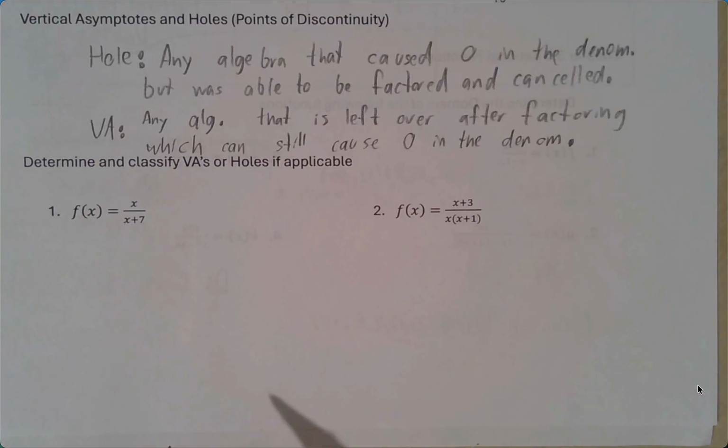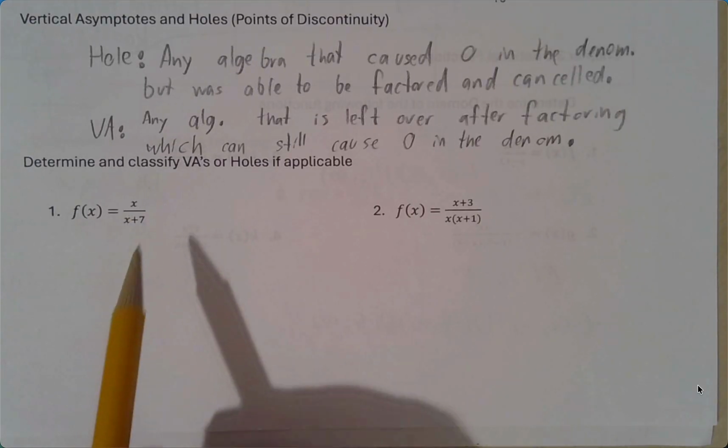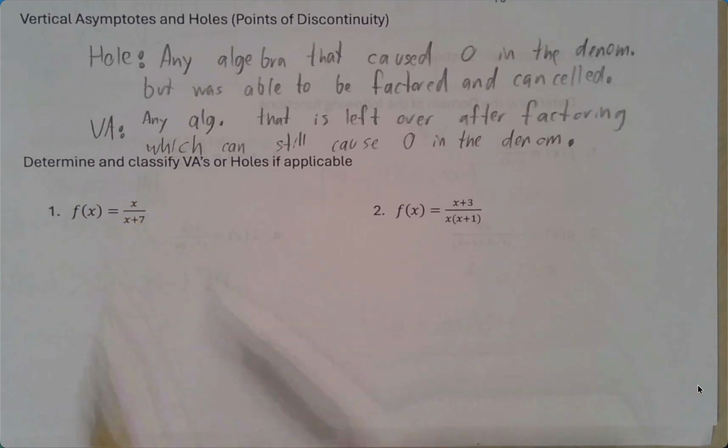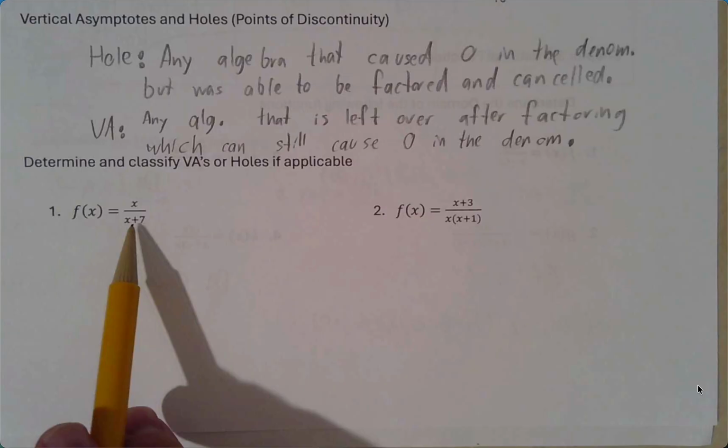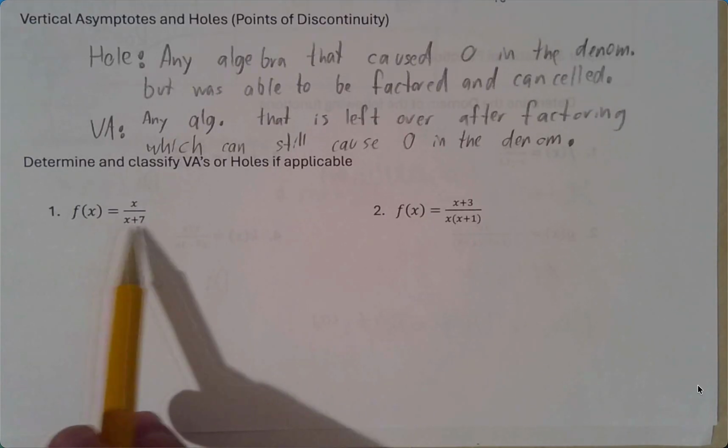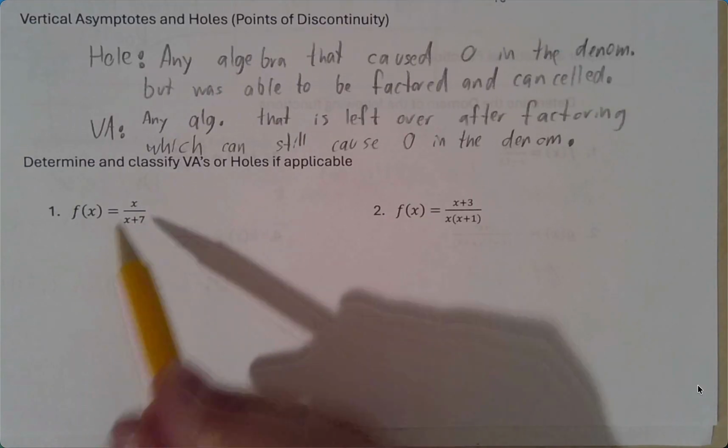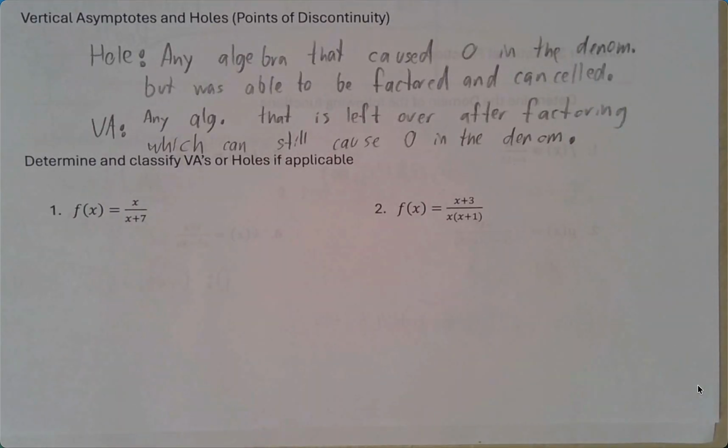Now then the question is, can any of these cancel? And careful, don't say, oh, x's can just cancel and I'm done. Because this x plus 7 is adding, and you can only cancel over the fraction bar if things are canceling by multiplying. All right.